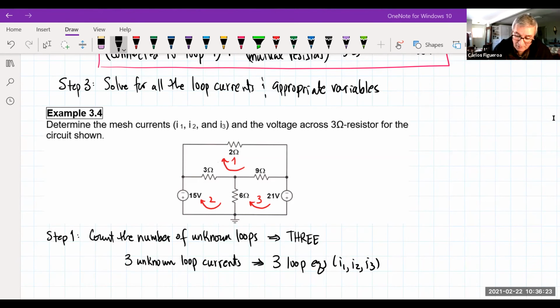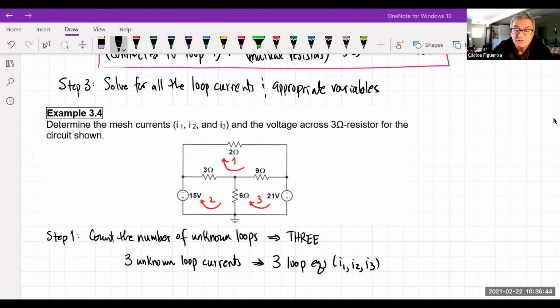So what you're seeing here is that I have 3 loops right now, but then look what they're asking us to solve. We want to solve for the voltage across the 3 ohm resistor. Clearly we only have one 3 ohm resistor.